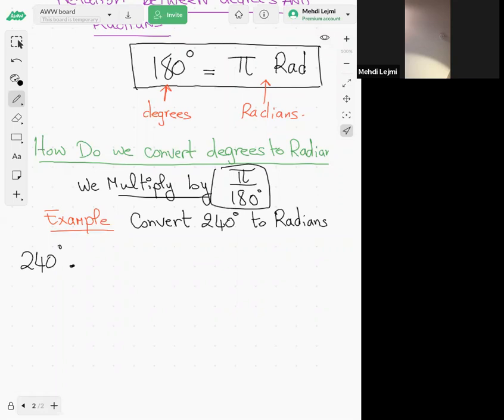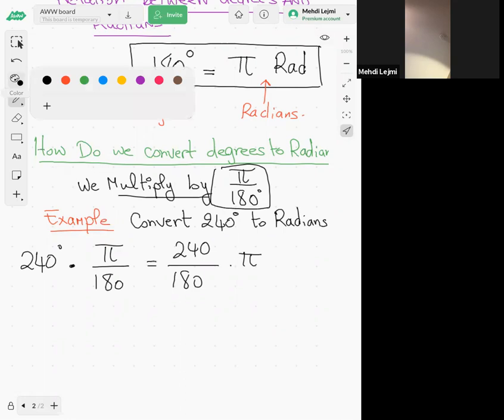So that's actually 240 over 180 times pi. Now, guys, what's really important, you have to reduce the fraction, the 240 over 180. For example, you can divide both the top and the bottom by 10. Then that will be 24 over 18 pi.